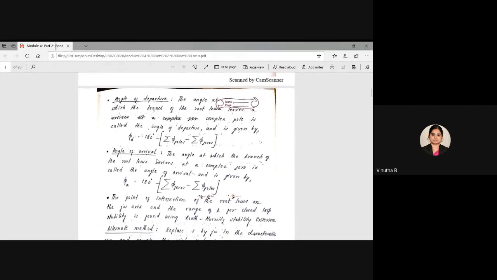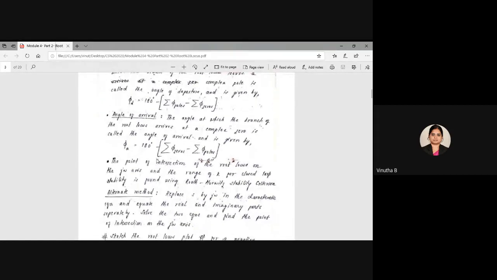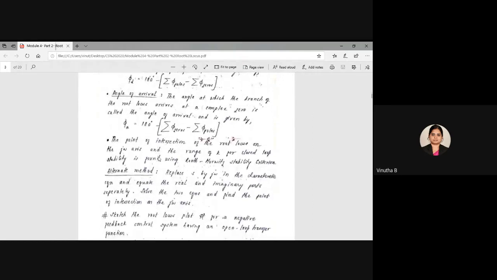Then the point of intersection of the root locus on the jw axis and the range of K for closed loop stability is found using the Routh-Hurwitz stability criterion, isn't it? So what do we do in this step? We write down the Routh array table and find out that intersection point.